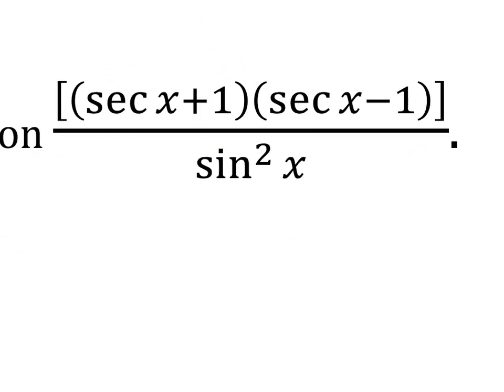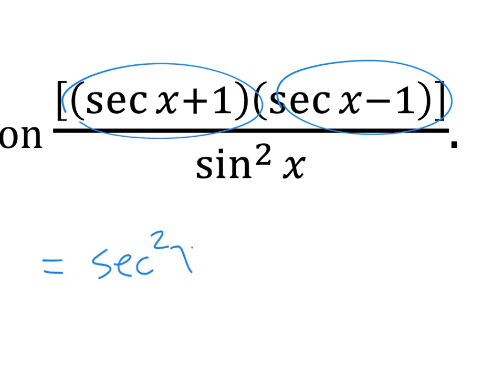Try this one. What stands out to you? Hopefully your algebraic ability helps you recognize some patterns. What does this one remind you of? One's positive, one's negative. It's like foiling, like the difference of squares, right? So if I multiply these together, what do I get? Secant squared x minus 1 over sine squared x.